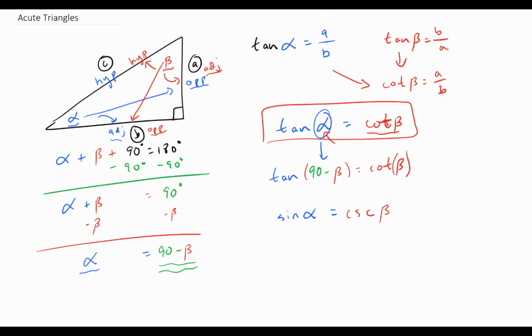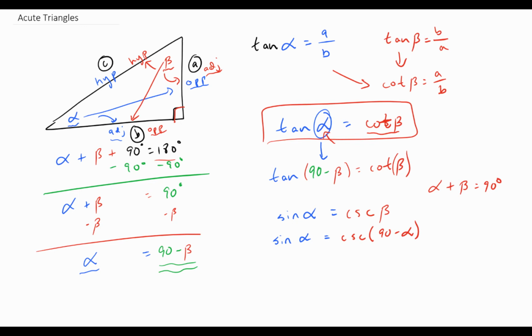which once again we can rewrite as sine of alpha is equal to, and I kind of did it in the other direction, cosecant of beta, which is the same as 90 minus alpha. Again, we know that alpha plus beta equals 90 degrees, since the 90-degree angle took up half of the 180 degrees.